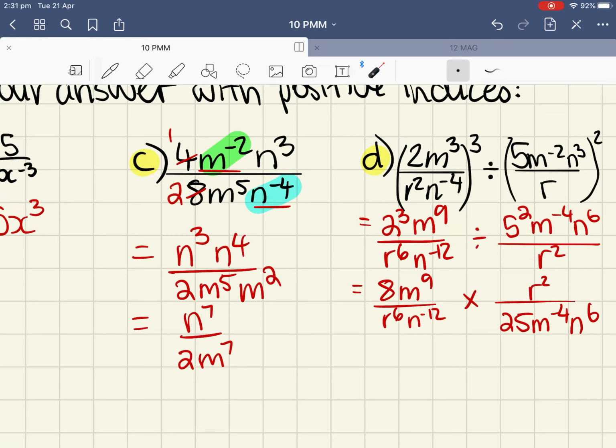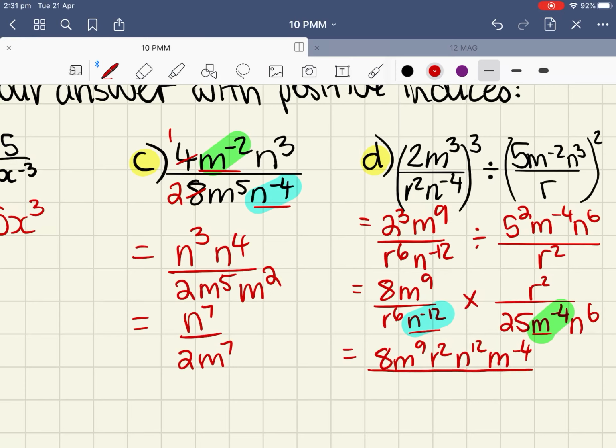Now in the next instance, I'm going to bring this guy here to the top, because he has a negative index, and I'm also going to bring him to the top. In the same step, because everything is multiplied, I'm going to bring everything together. So this gives me 8m9 r squared. They were on the top to begin with. I'm bringing this guy to the top now and this guy to the top.